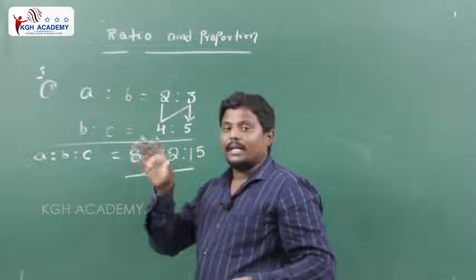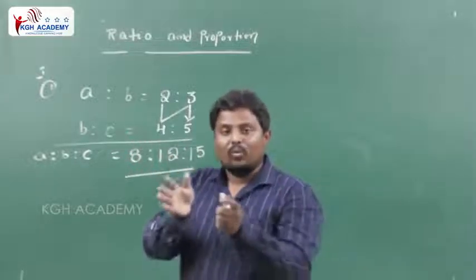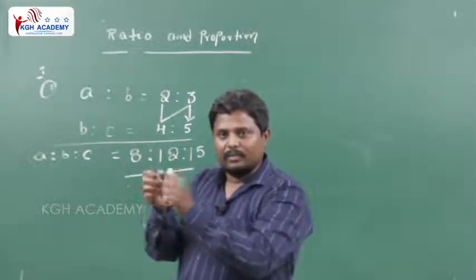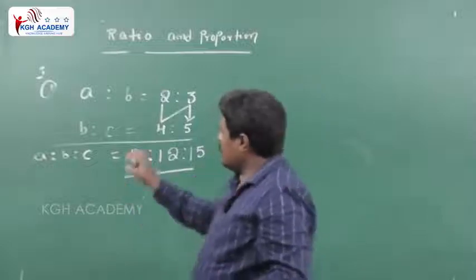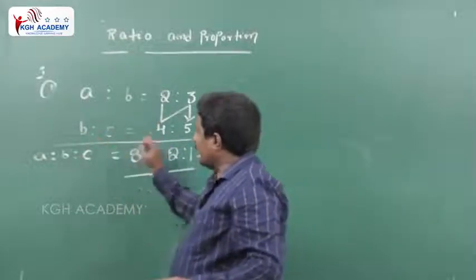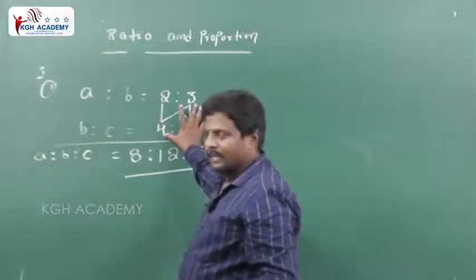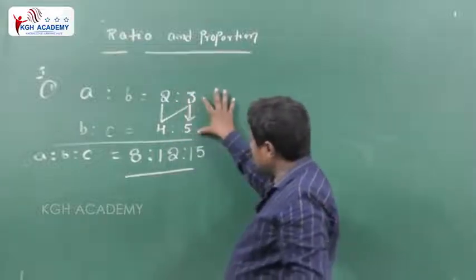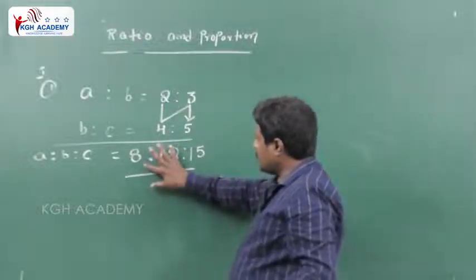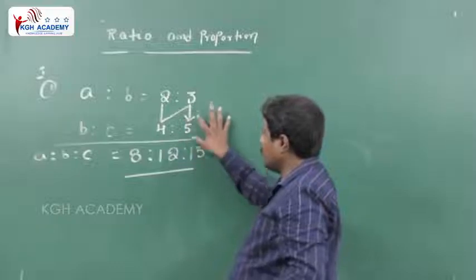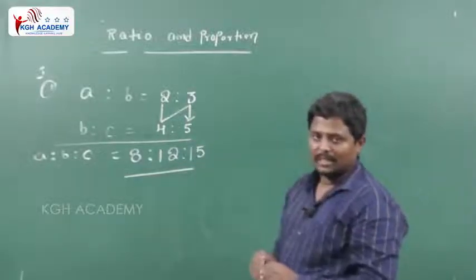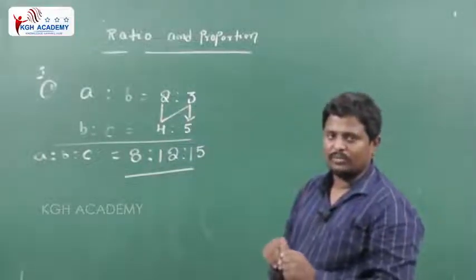Why are we taking cross multiplication? Because we need to equate that B term. This is the B value, this is the B value. That's why we equate 3 and 4. So 2 into 4 is 8, 4 into 3 is 12, 3 into 5 is 15. So the answer is 8 is to 12 is to 15.